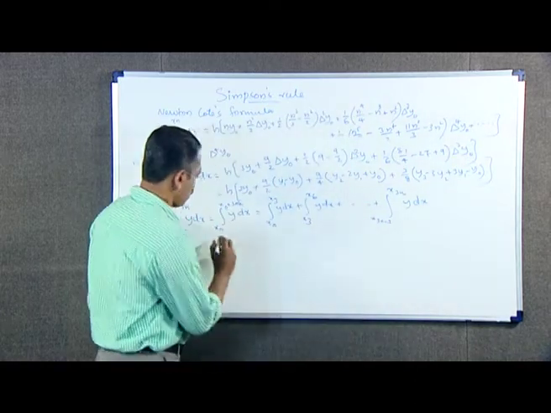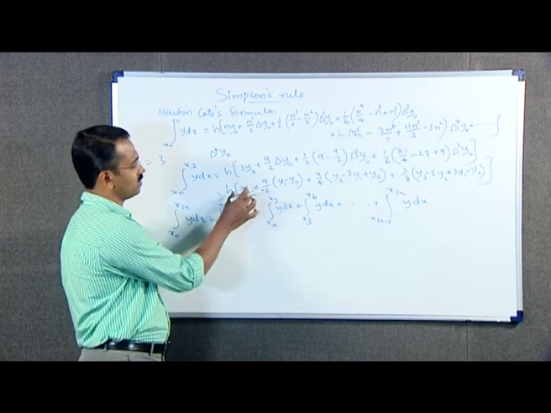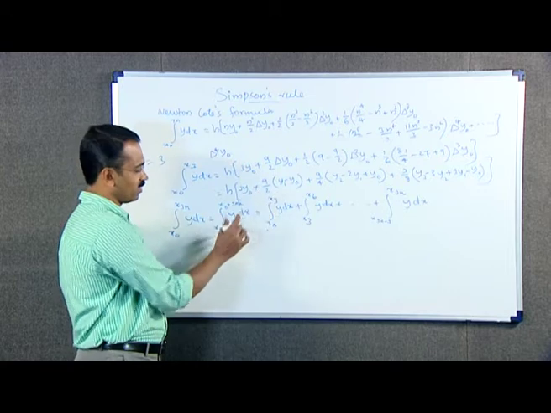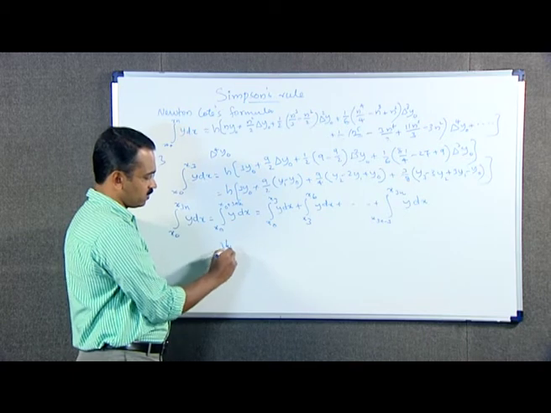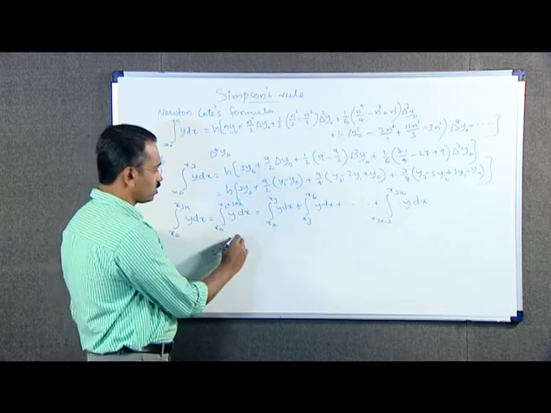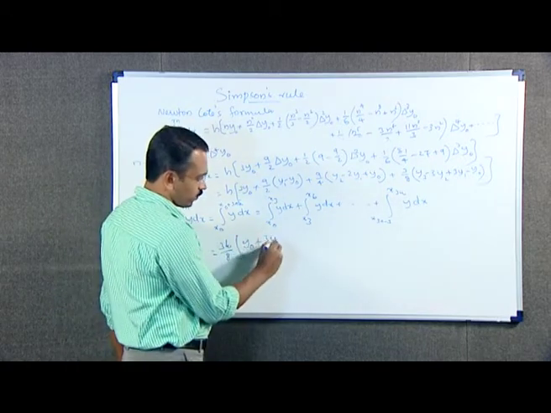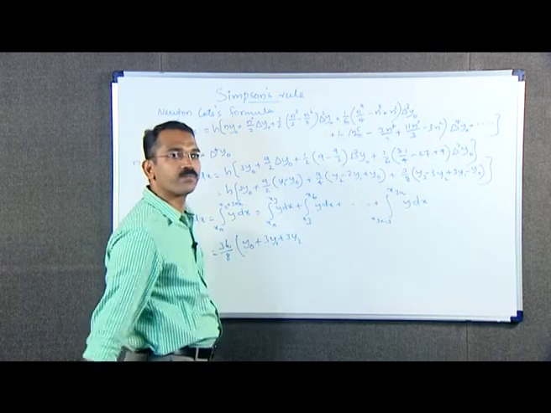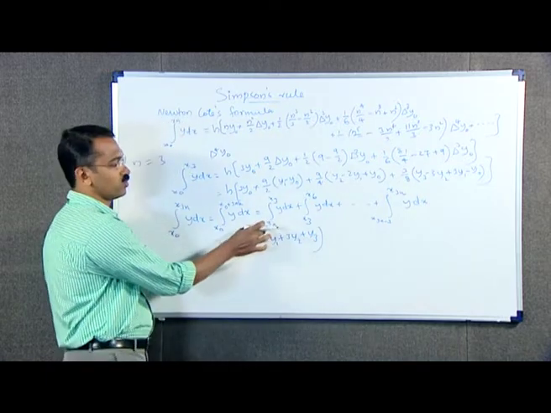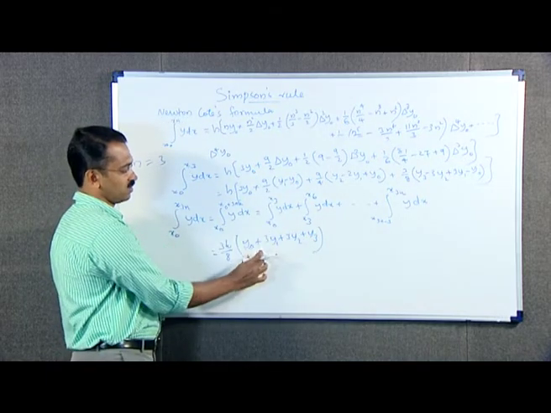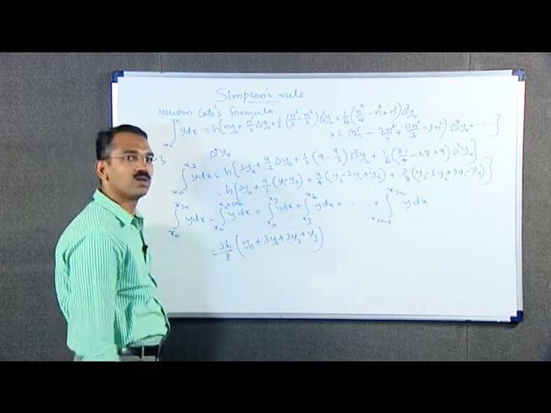which is equal to the value of this integral. The integral from x0 to x3 of y dx, on simplification, we get as 3h by 8 into y0 plus 3 y1 plus 3 y2 plus y3. The value of integral x0 to x3 of y dx is obtained from this expression on simplification.